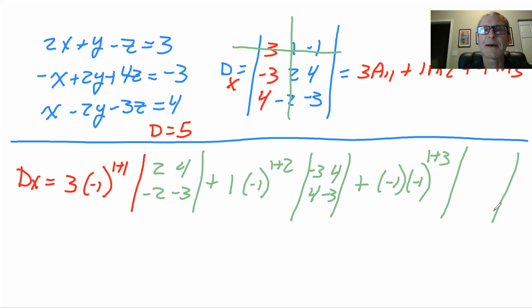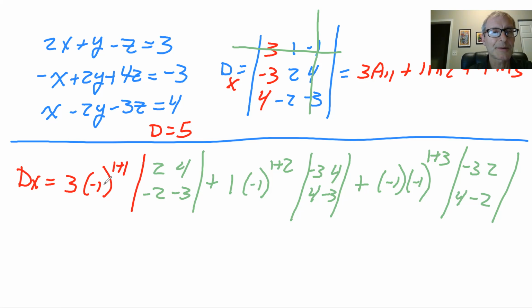And then what's our last little 2 by 2 minor is 1, 3, right? So again, you cancel out row 1, but now we cancel out column 3, and you get -3, 2, 4, and -2. And again, let's do this calculation.